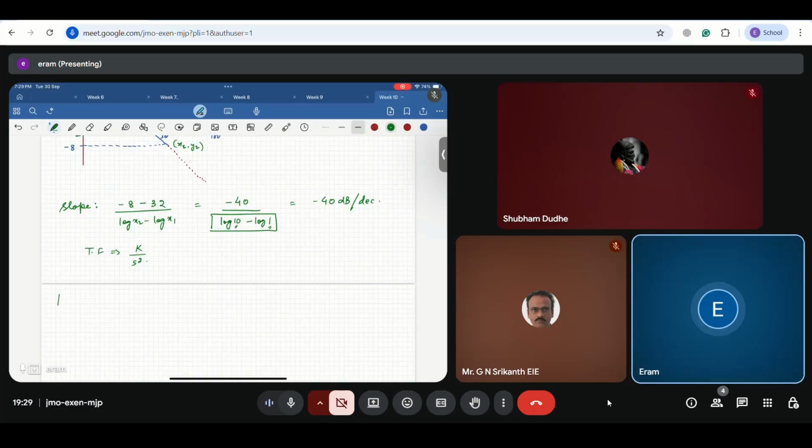If you find the magnitude of G, it will be 20 log k minus 20 log omega square.